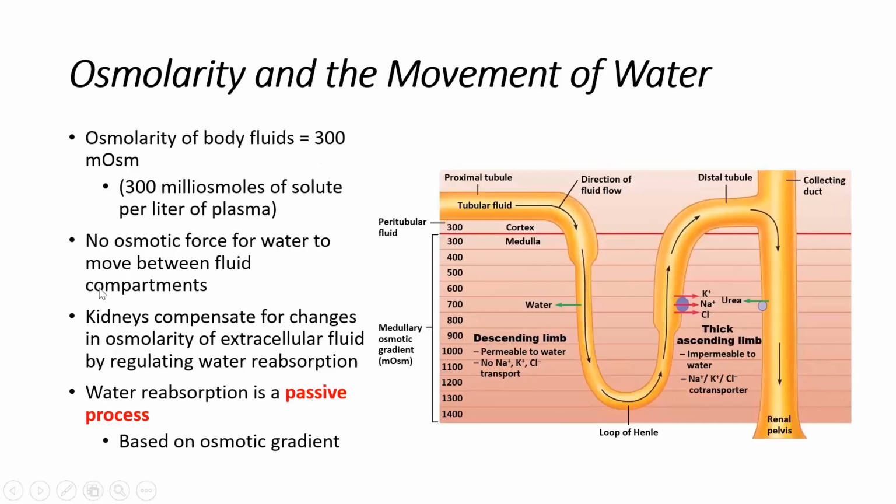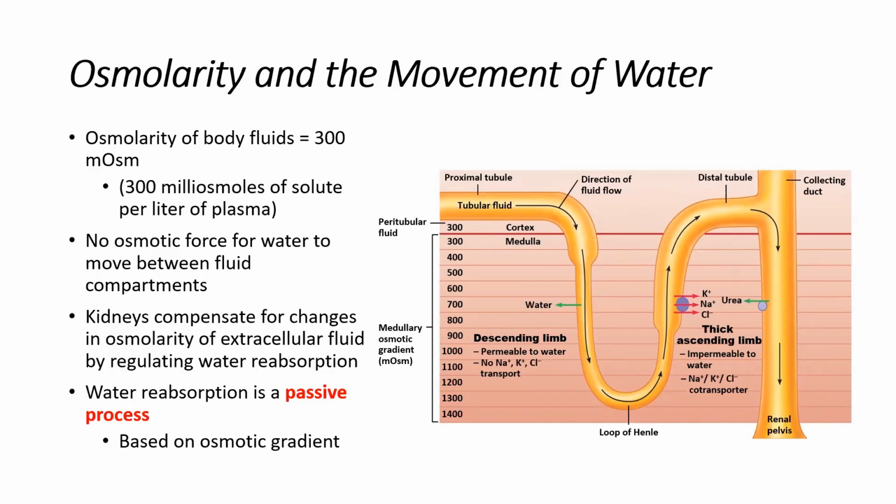On that basis, we then want to speak about the osmolarity of our body fluids and the osmolarity of our tubular fluid, which is our filtrate, starting out in the proximal tubule. So most of our body fluids we know is at an osmolarity of 300 milliosmoles. Another way of expressing that is that there are 300 milliosmoles of solute particles dissolved in 1 liter of our plasma, right?